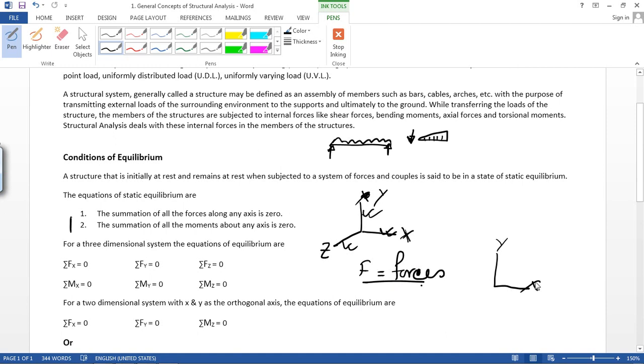Okay. Fx is equal to 0, that means summation of all the forces about x axis is 0. Summation of all forces along y axis is 0. Moment about z axis is equal to 0.